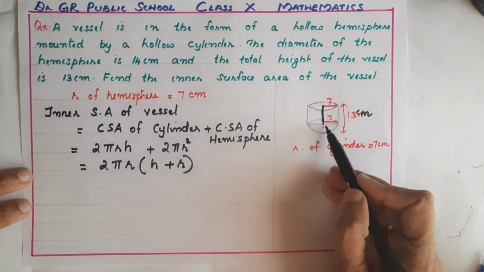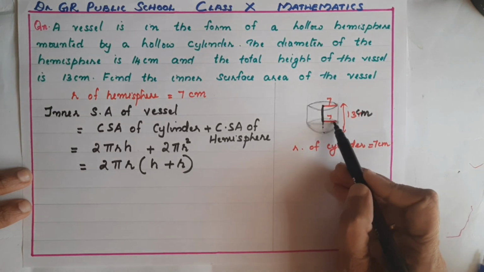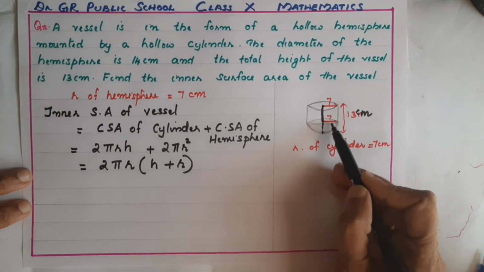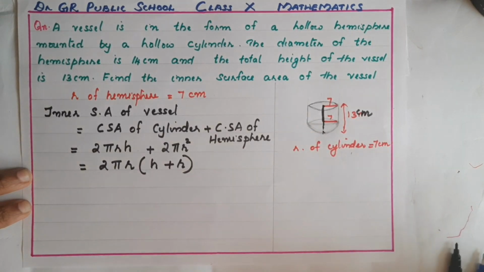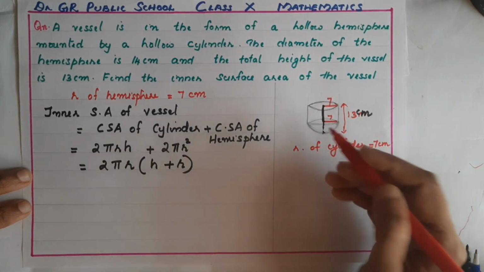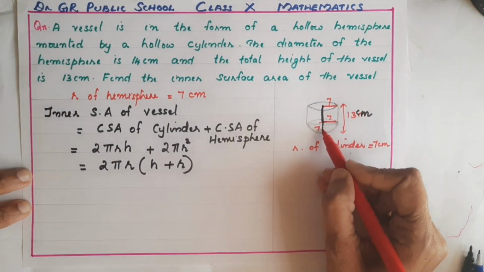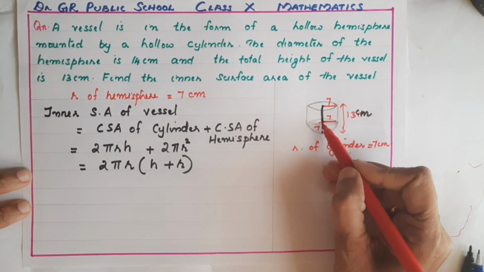If this radius is 7, this is also the radius of the hemisphere, so that is also 7. This portion is also 7. So how will you get this much height of the cylinder?